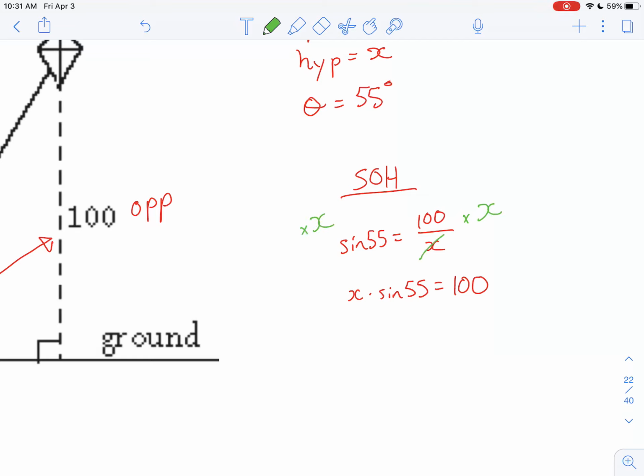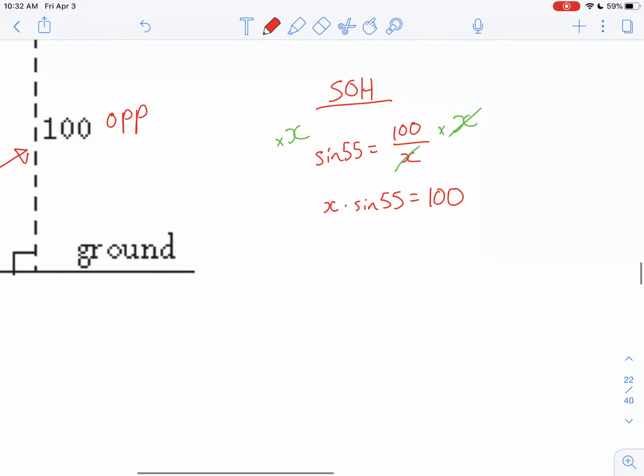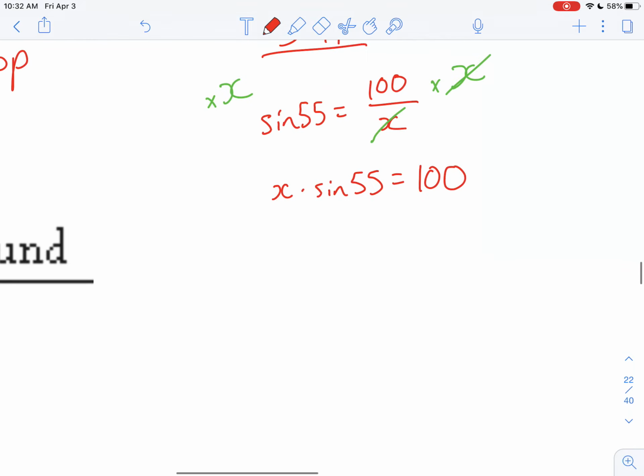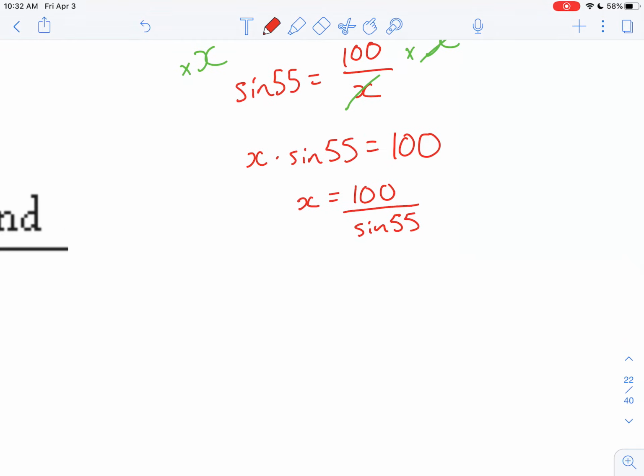So x and x divide to 1, and that's how we isolate. Now I want to isolate x once it's out of the denominator, so I'm going to divide both sides by sine 55. So x is equal to 100 divided by sine 55.